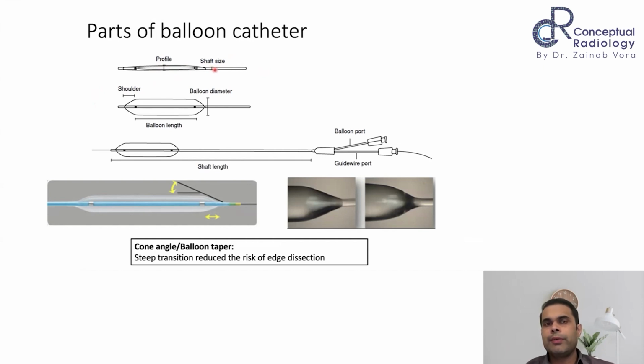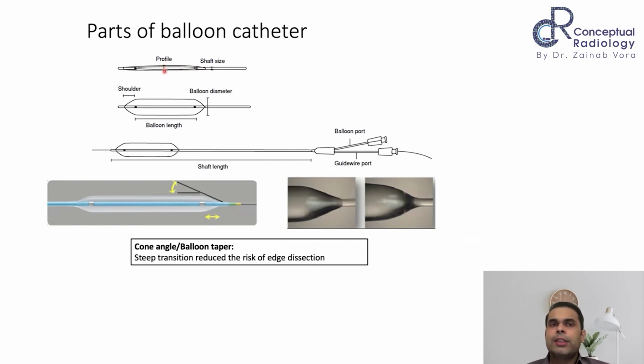Usually the shaft diameter is smaller, and the profile and shaft are almost similar in a new balloon, maybe with a small difference. But once you have inflated a balloon once and it is being reused, the profile may be a little different from the shaft size. It becomes considerably different. A new company balloon will be very tight, but once it's opened and you've deflated it and tried to reuse it, the profile might become a little bigger.